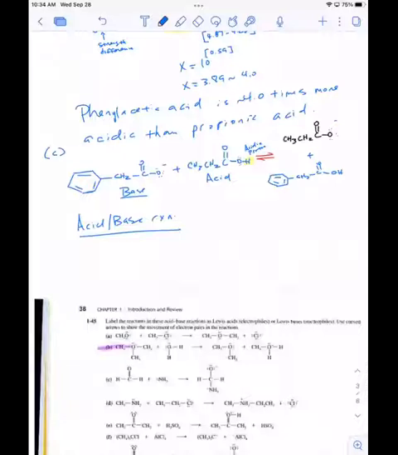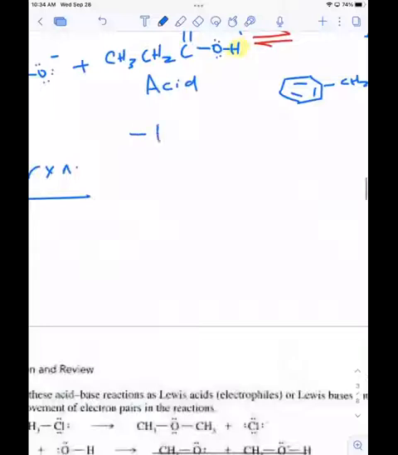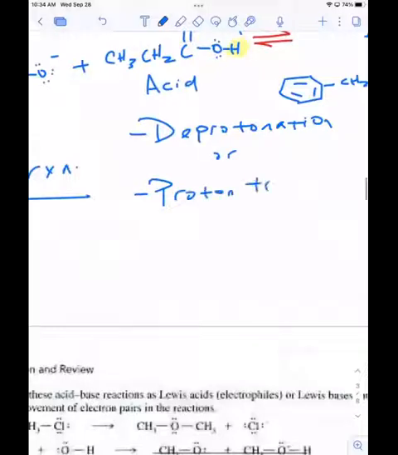There's a couple of terms that we can use to describe what happens between the acid and the base. For years, the way I've taught this is I called it a deprotonation. When you see the video, it's a deprotonation. But there's another phrase that we can use, and it's called a proton transfer. So what happens between an acid and a base, we can call either deprotonation or proton transfer.